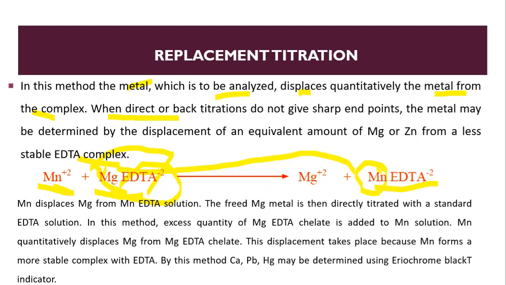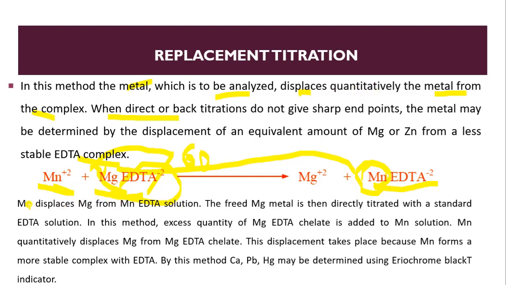If 60% magnesium EDTA is formed, then 60% manganese will displace the 60% magnesium. That's why it is said that a similar amount of ions is displaced.